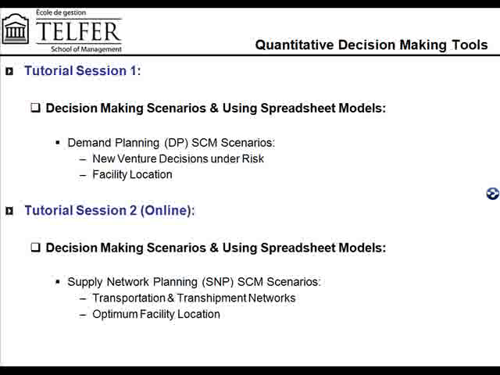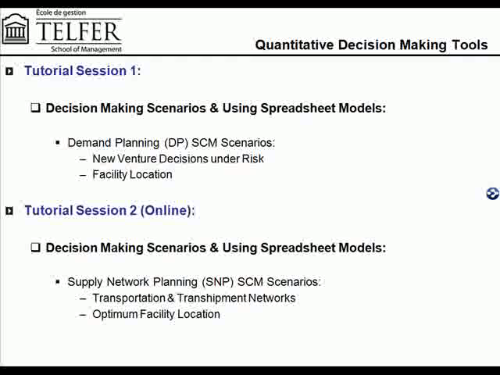In addition to that, we're also going to talk about transportation and transshipment networks, and together both of these scenarios can be categorized as supply network planning scenarios in supply chain management. So a variety of industrial applications and enterprise information systems help us work with these types of problems.